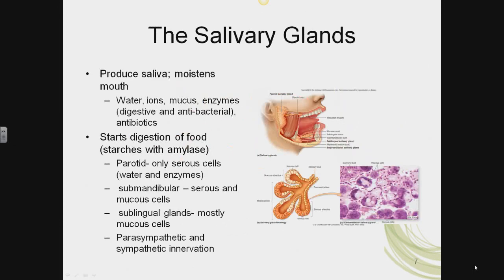The salivary glands collectively produce and secrete saliva, a fluid that assists in the initial activities of digestion. We make an average volume of saliva somewhere near 800 milliliters to 1.5 liters a day. Saliva consists of water, ions, mucus, and even enzymes that help with digestion, but it also serves as an antibacterial fluid.